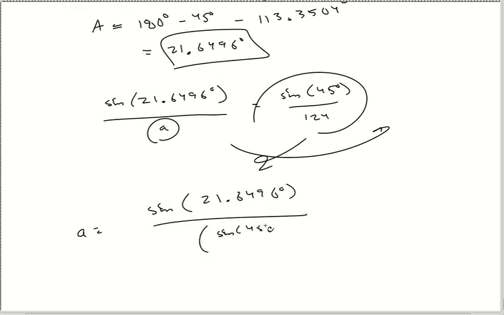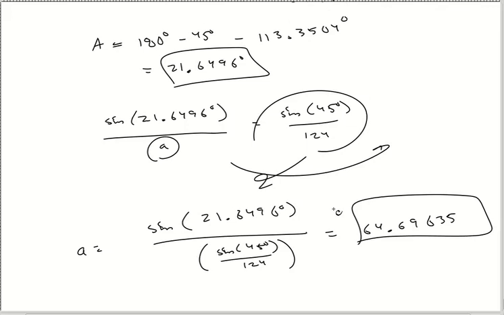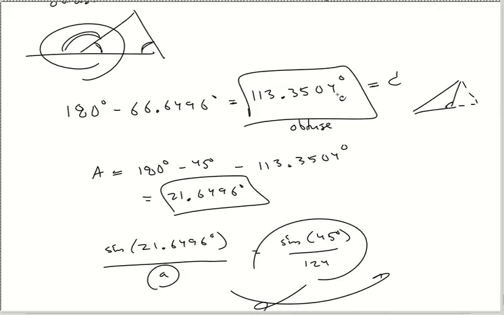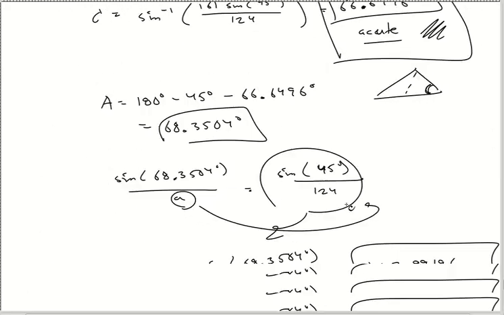Super sloppy, I am sorry about that, but we've done this 4 times now, it seems. And I got 64.69635. That's a side, so that's in units. And we're done. So 1, 2, 3, that's on one side, and then I got 1, 2, 3, that's on the other side. Okay.